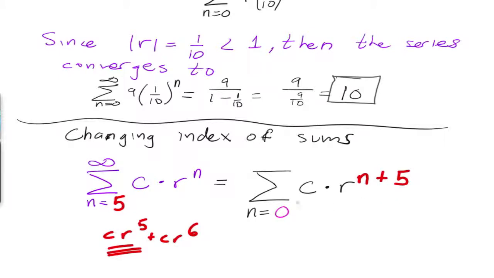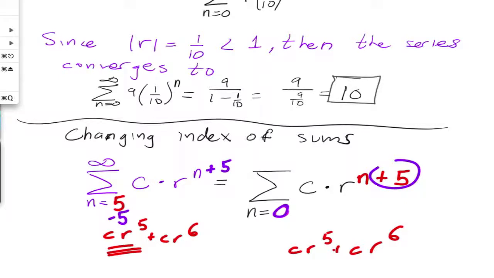So notice here when n is equal to 0, this is r to the 0 plus 5, so this is CR^5. When n is equal to 1, this is CR to the 1 plus 5, or 6. So they match, right? So basically what you did is you took 5 away from here to get to 0, and then you added 5 over here to have it match. Does that make sense? Yeah? Okay, so let's go back to n now.